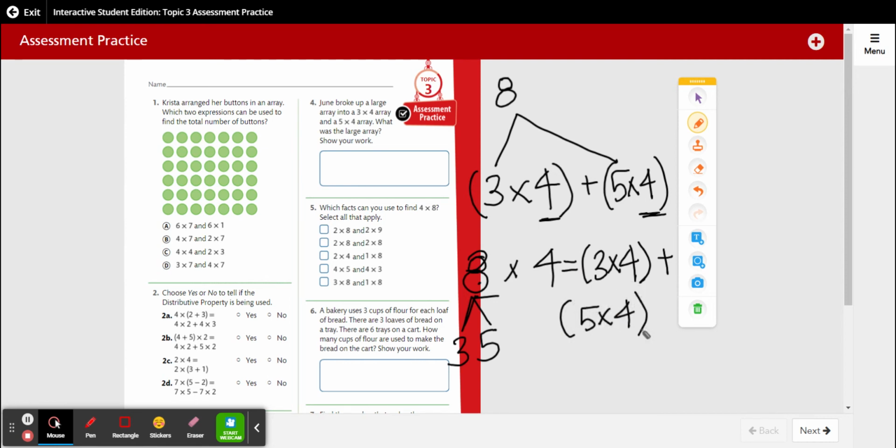So the original array is 8 times 4. All right. So when you're answering these, either on a separate piece of paper or in the box, I want to see all of your work. But the answer is 8 times 4 array.